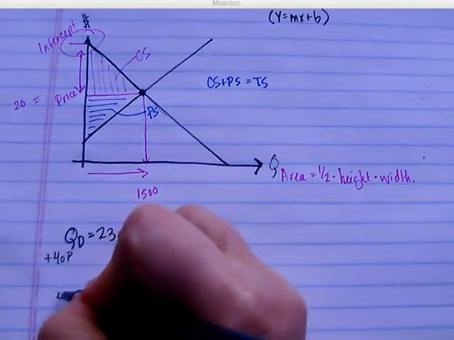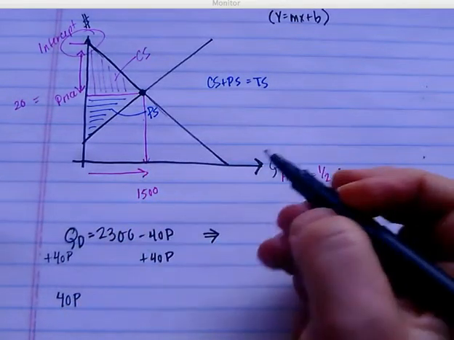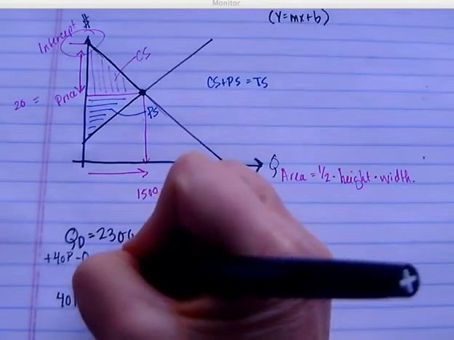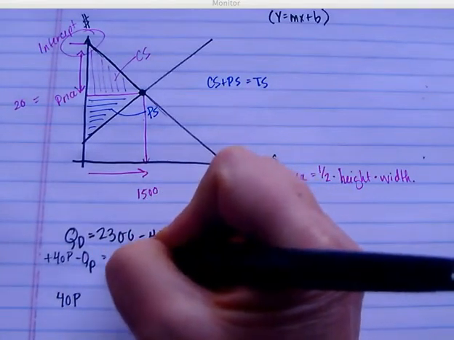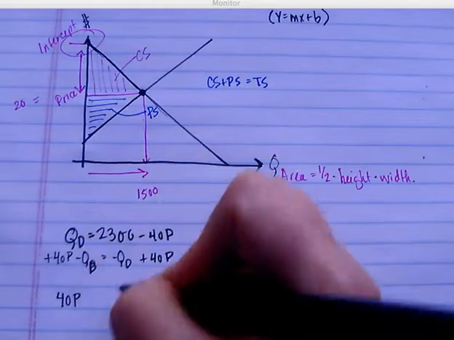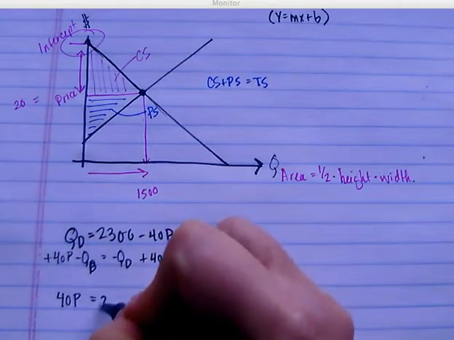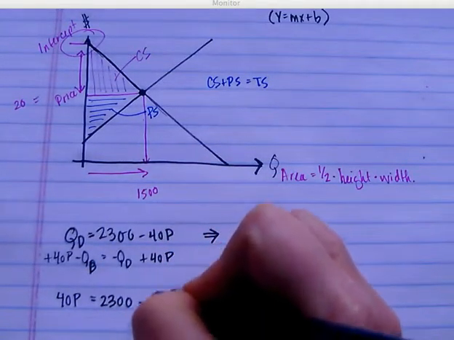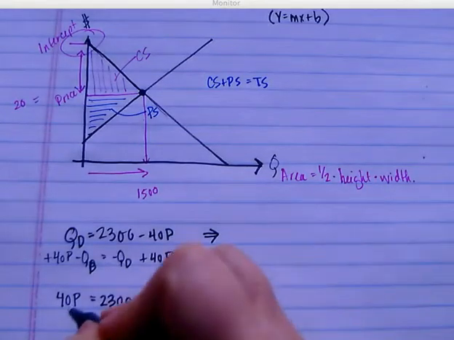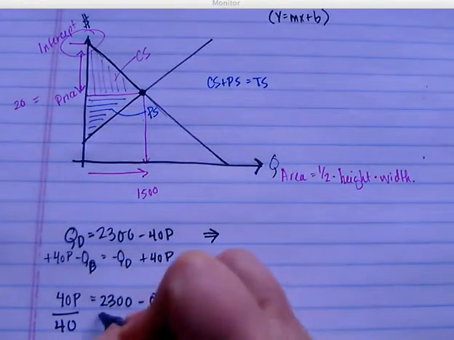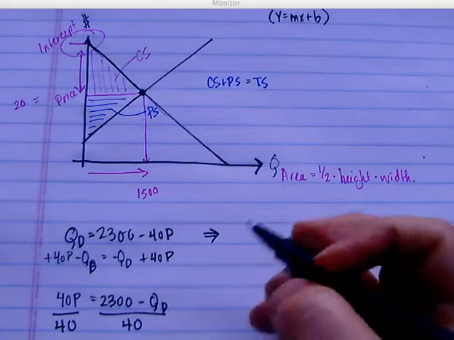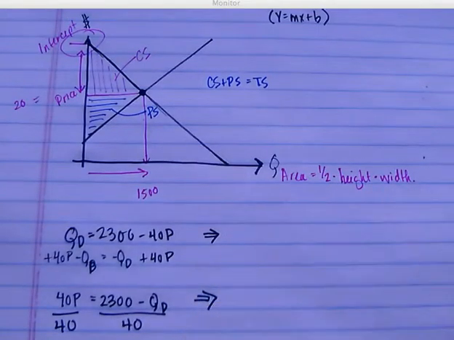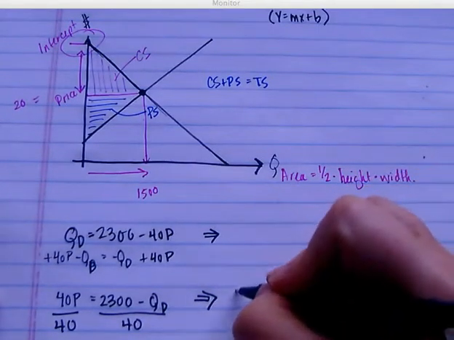Then we subtract quantity demanded from both sides, so we get 40p equals 2,300 minus QD. Then we just divide by 40 on both sides, and that gives us our inverse demand curve.